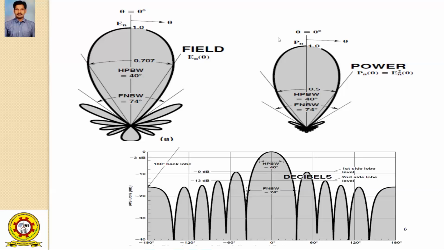Similarly, we can also calculate the first null beam width, which occupies approximately 74 degrees, and this lies along your field and power patterns.